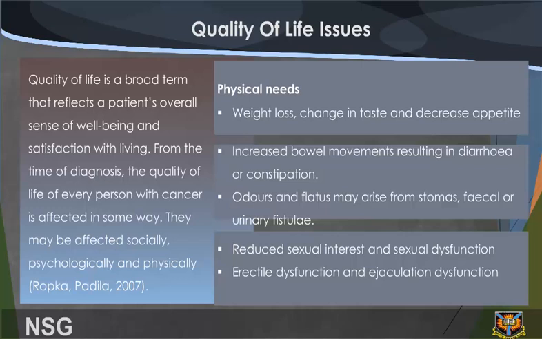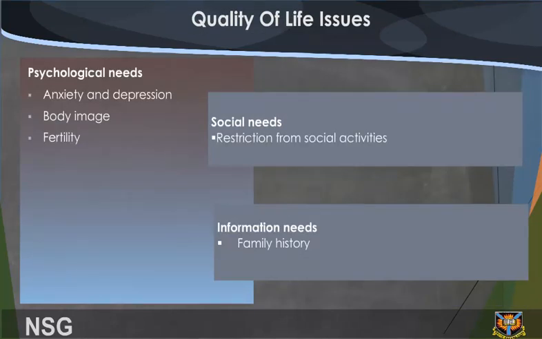Reduced sexual interest and sexual dysfunction, erectile dysfunction and ejaculation dysfunction. Psychological needs: anxiety and depression, body image, fertility. Social needs: restriction from social activities. Information needs: family history.